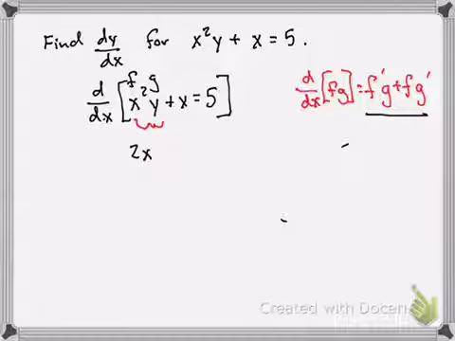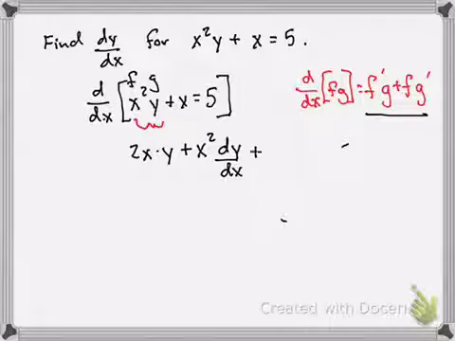I could, in theory, think about getting a dx, but that would just produce a 1. And then multiplied by, leave the y alone, which is my g. And then next, I will leave the x squared alone, and then take the derivative of y, but that just gives me a dy/dx.